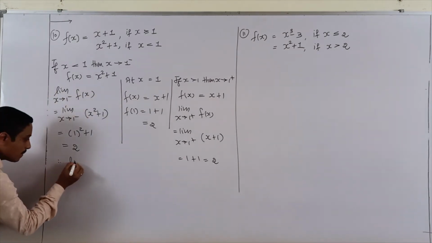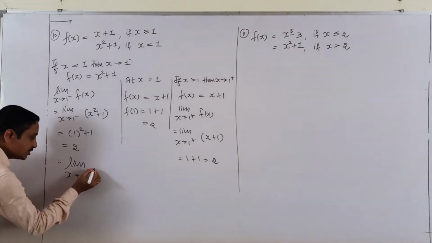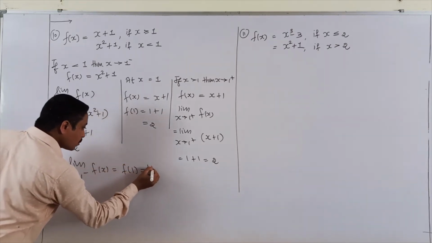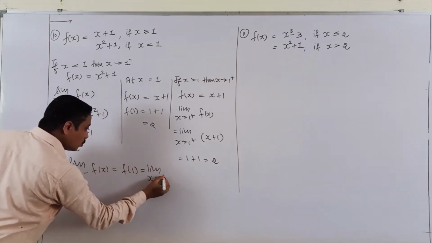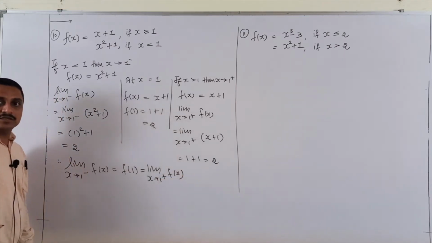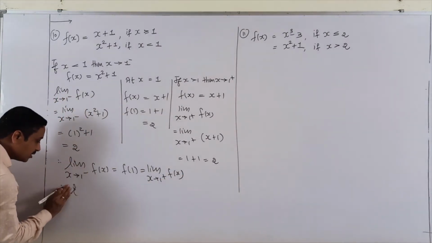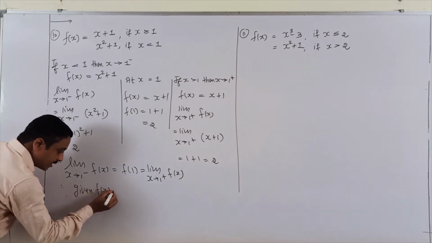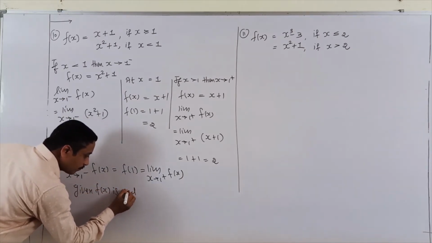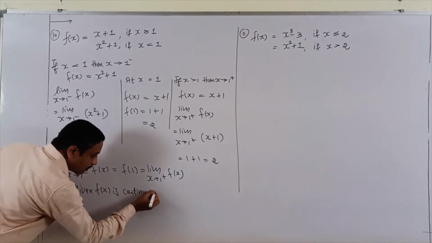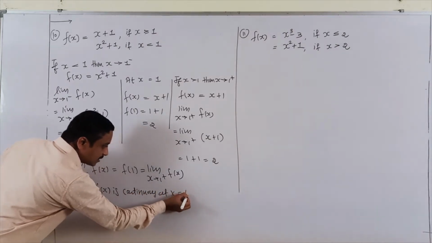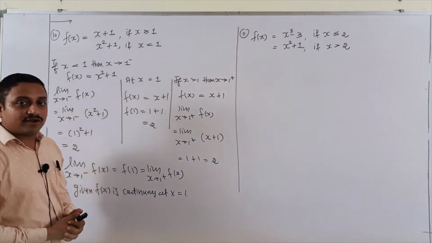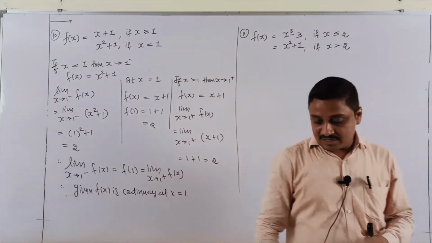Yes. So the limit as x tends to 1 negative of the function is equal to f(1) and the same as the limit as x tends to 1 positive. That's why the given f(x) is continuous at which place? Yes, it is at x is equal to 1. And here finally our value is done.